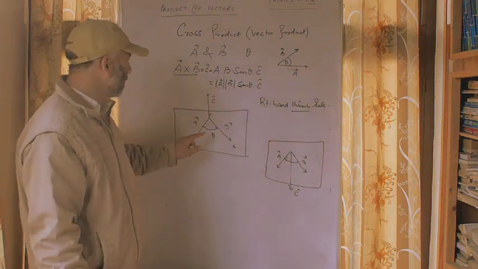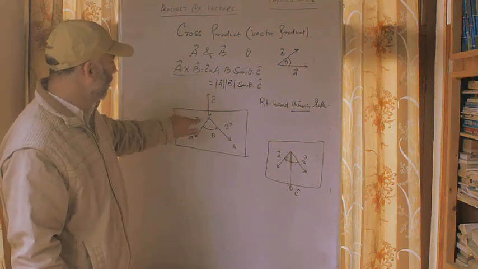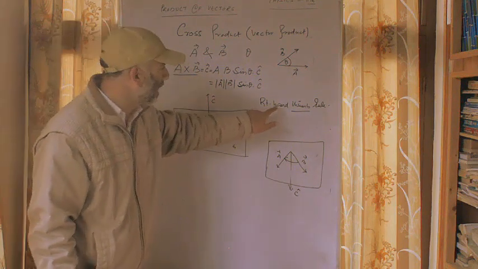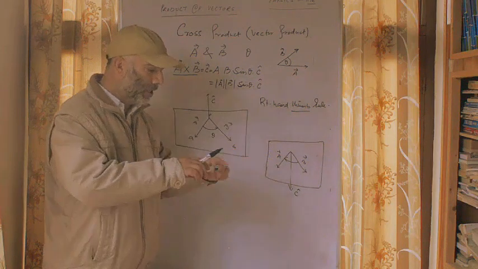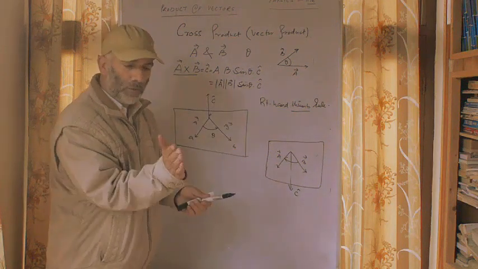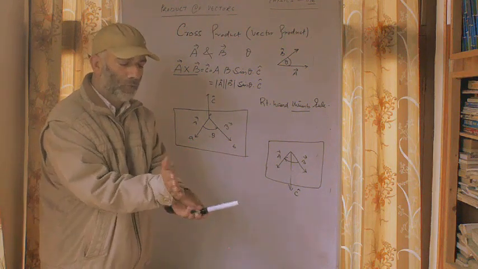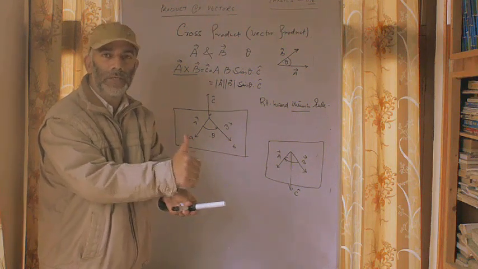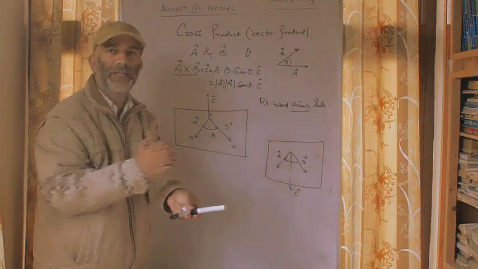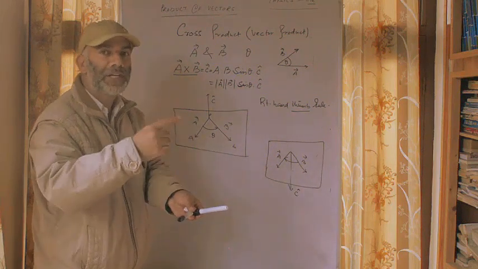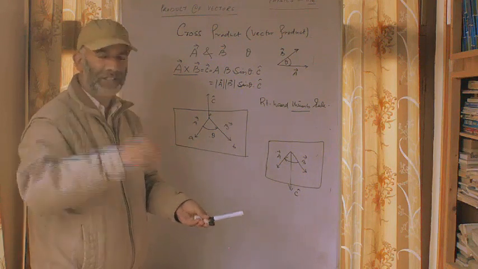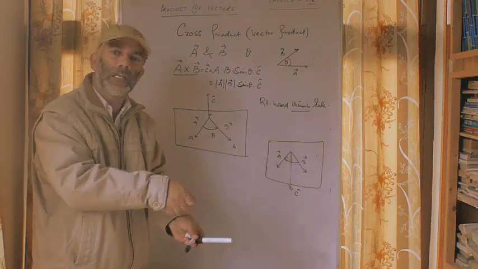So remember students, the direction of A cross B is given by right hand thumb rule. According to that rule, if the curvature of the fingers gives the sense of rotation of the two vectors, then the thumb, which is perpendicular to this plane containing the two vectors, gives the direction of the resultant. Or its direction is given by right hand screw rule.